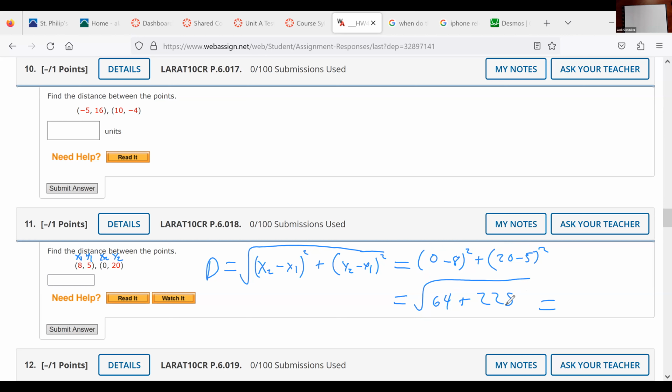The square root of 64 plus 225. What do you get? Cool. Everybody agree with 17? All right, I'm moving on then.